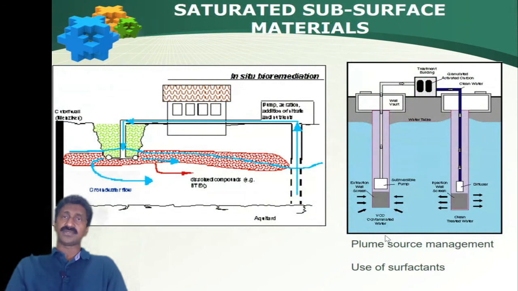This is a saturated subsurface material. In this case, in situ bioremediation is done. This is a treatment unit. Here, this is the contaminant site. This is the aquifer or water layer, and dissolved components will be leached out.